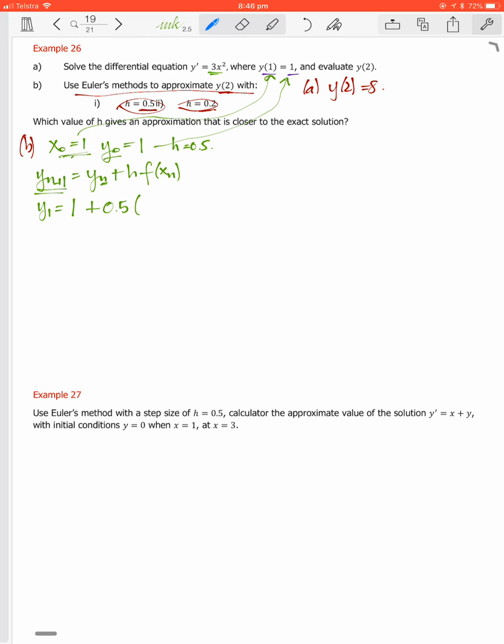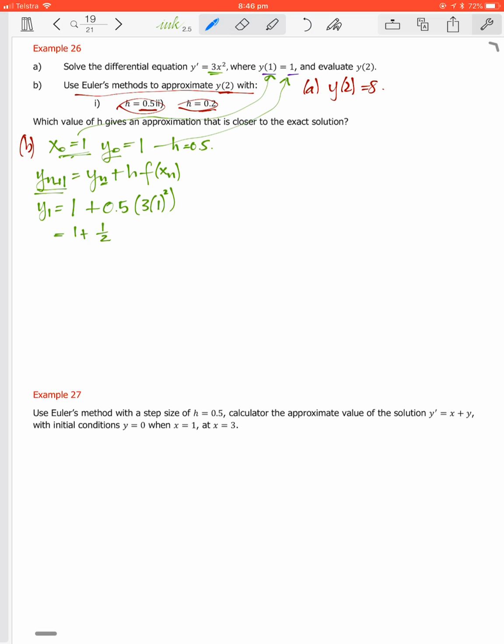So I want to find 3x squared. But in this case, we know that x is 1 because it's x0 squared. Okay, so we've got 1 plus 1/2 times 3, which is 1 plus 1/2 times 1/2 of 3 on 2. 1/2 of 3 is 3 on 2.